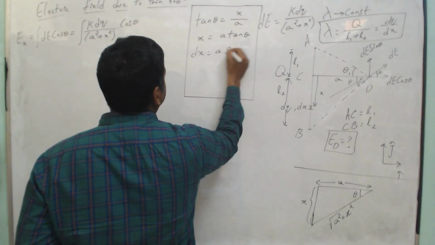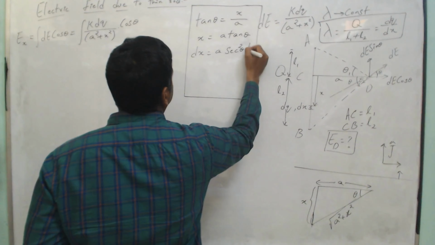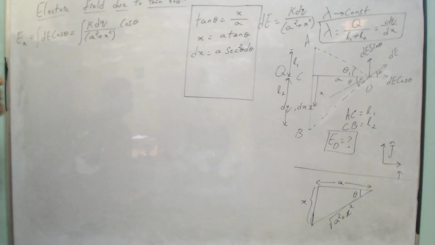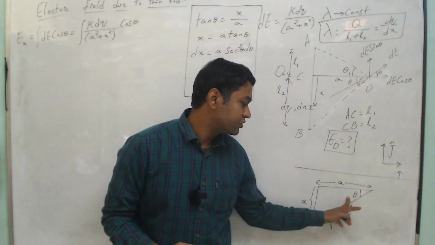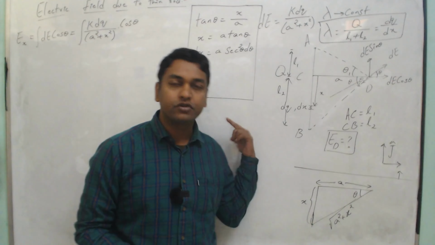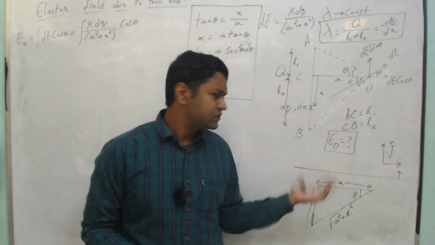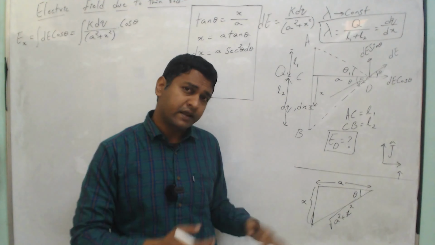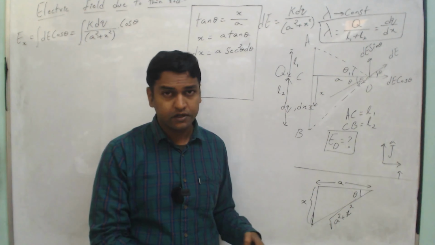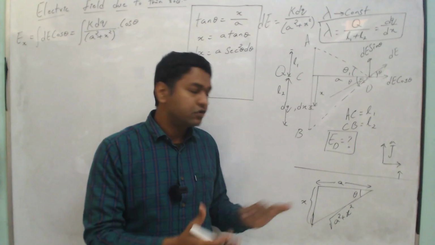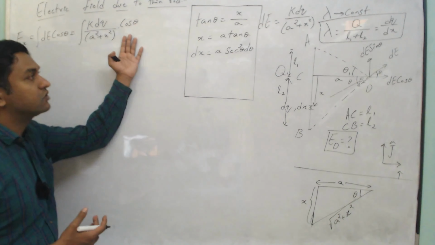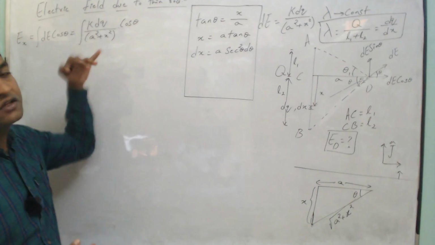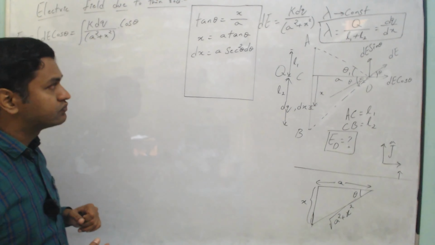So dx is equal to a secant square theta d theta, correct? Yesterday we also substituted cos theta as adjacent by hypotenuse, and then again we got it in terms of theta to integrate. So why should I do it 2 times? I will let that cos theta be as cos theta only and bring my x and dq in terms of theta.